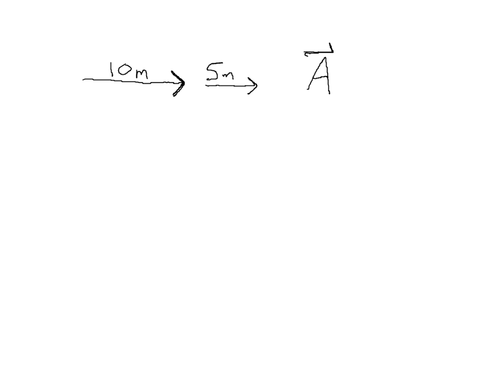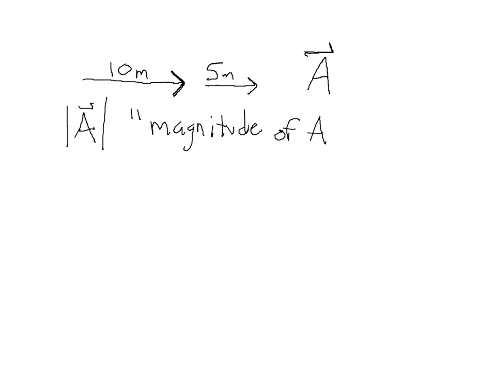And then finally, if you want to refer just to the length of the vector and not its direction, then you put absolute value symbols around it, like this. Okay, and you would read that as the magnitude of A, is how you would say that.